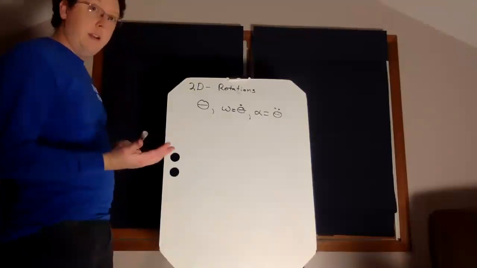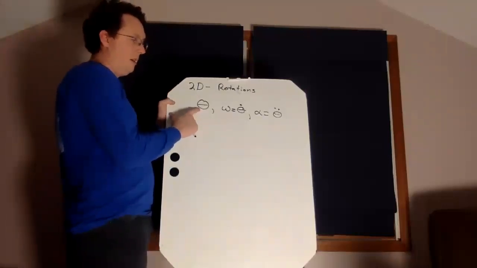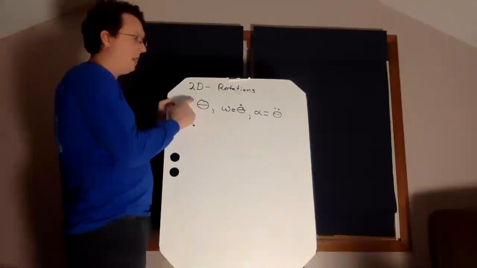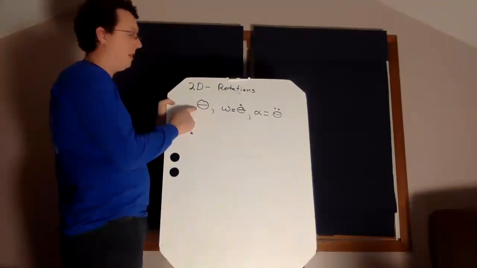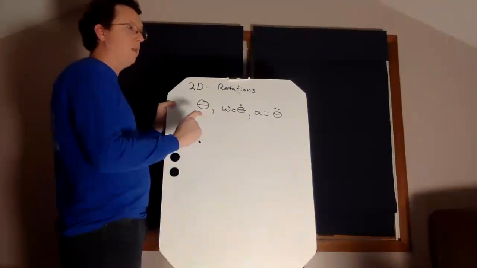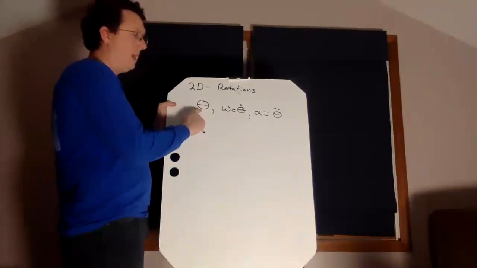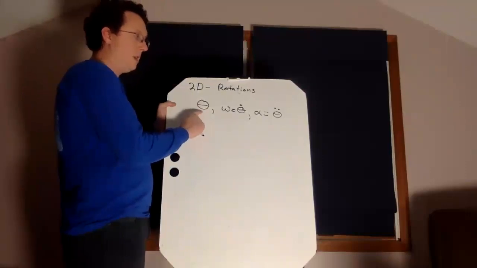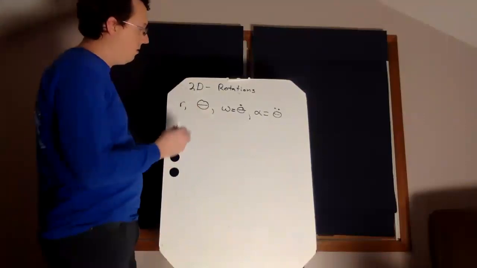On the other hand, we found that because there was a relationship between x and y and theta and r, the radius, there were vectors we could define related to the theta and r coordinates. Maybe we should put r and theta here.